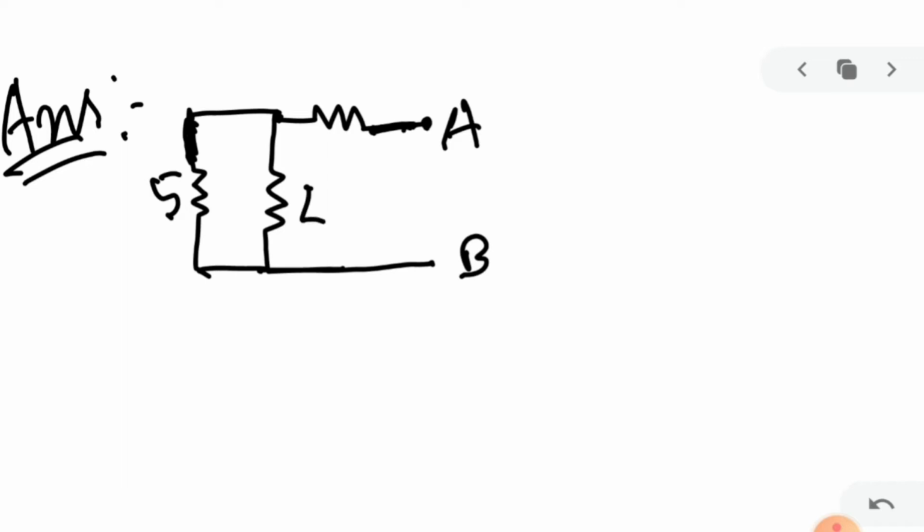So here are 2 voltage sources, we need to eliminate them. We eliminate the 20 volt by a short circuit here, and we eliminate the 12 volt by a short circuit here. Okay, so it is 5 ohm, it is 2 ohm, and it is 8 ohm.